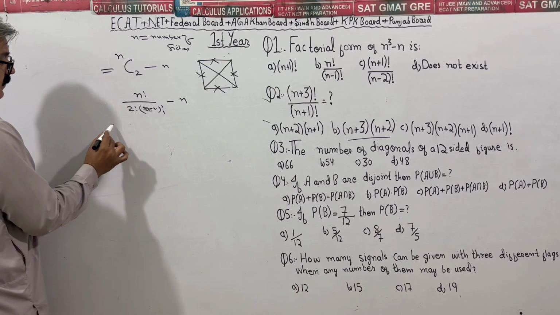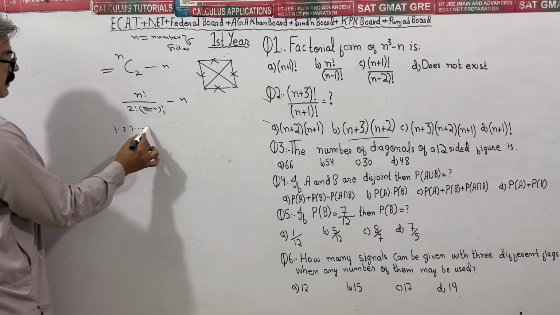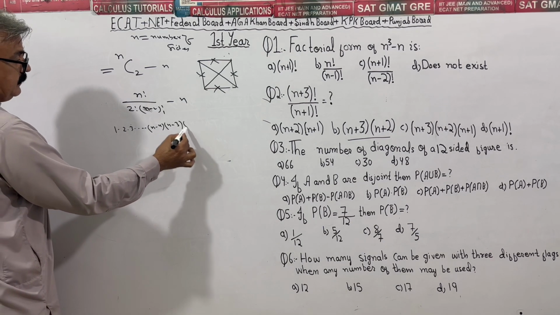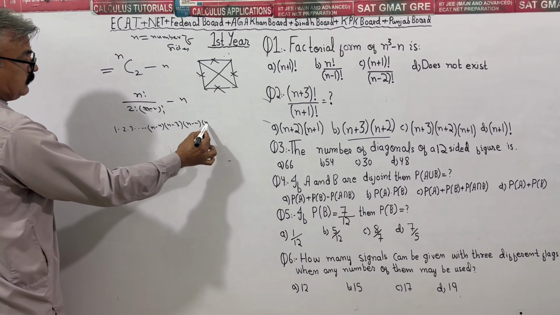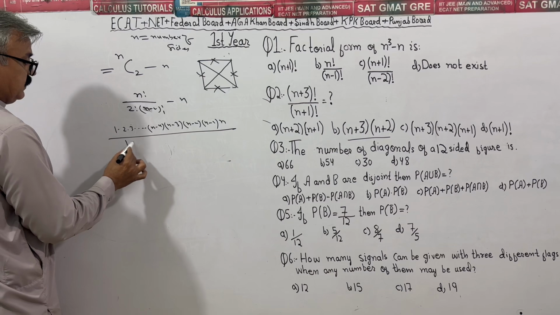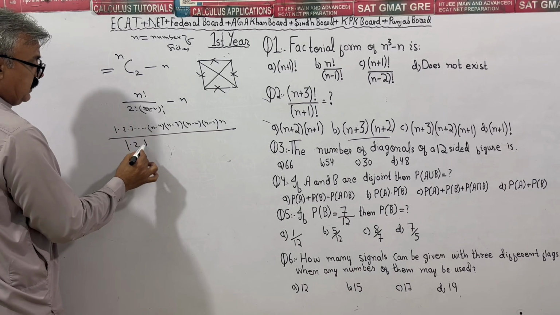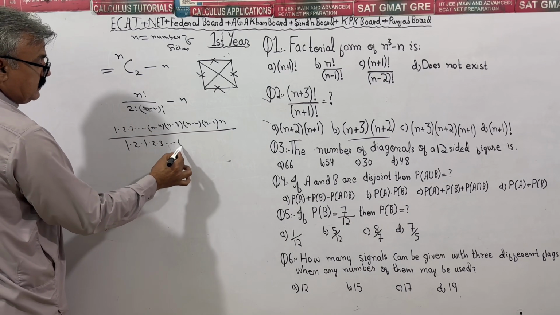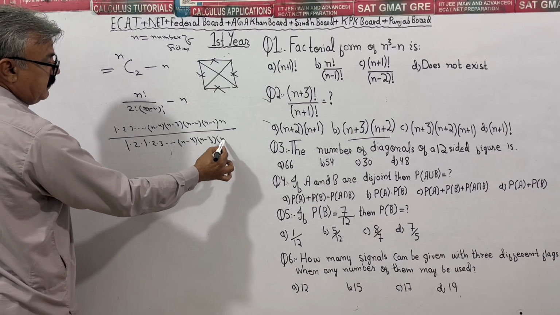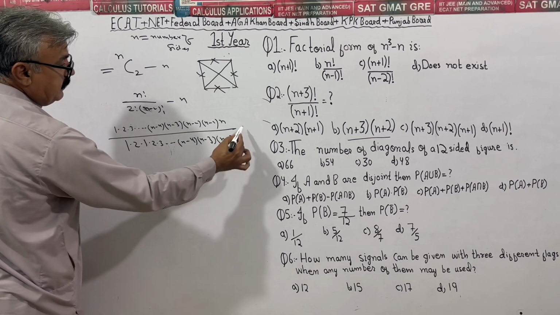Open this up: 1, 2, 3, up to n minus 4, n minus 3, n minus 2, n minus 1, n, divided by 2 factorial, which means 1 into 2, and (n minus 2) factorial means 1, 2, 3, ..., n minus 4, n minus 3, n minus 2, minus n.